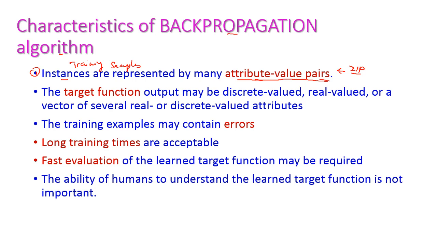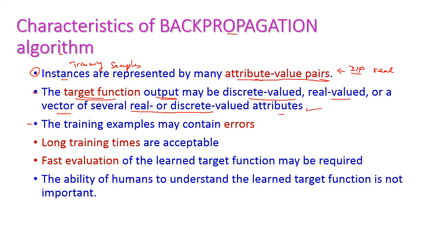The values are normally real values. The next one is the target function, which is actually the output, and the output value will be a discrete value, a real value, or a vector of several real or discrete valued attributes. This is the target function.